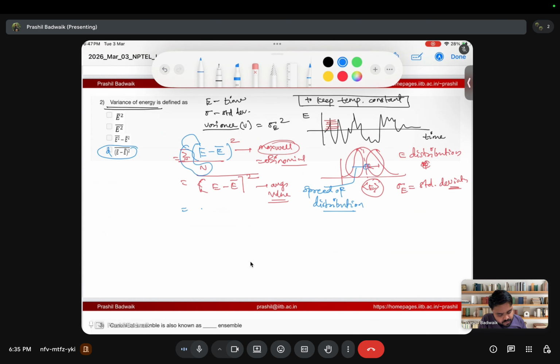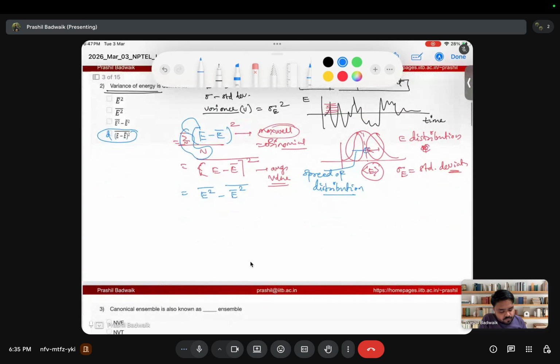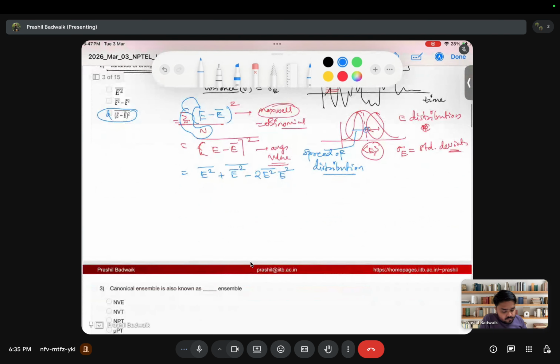So this will be E square, and then the average of it, minus E average, which is already there, the square of the value, and then average it again, and then there will be 2 E average square, E average square, right?